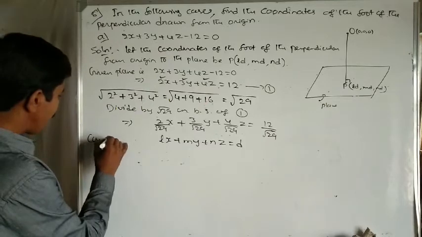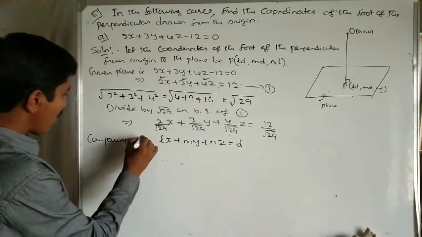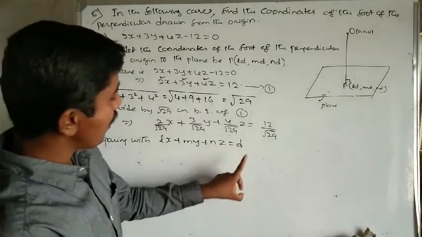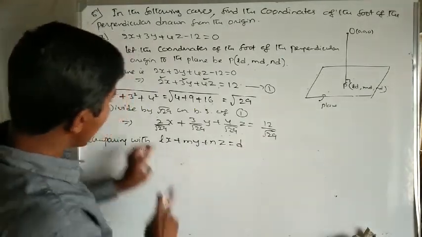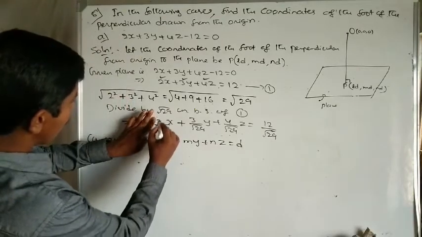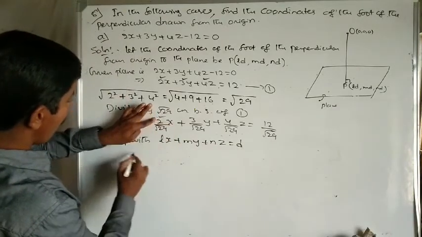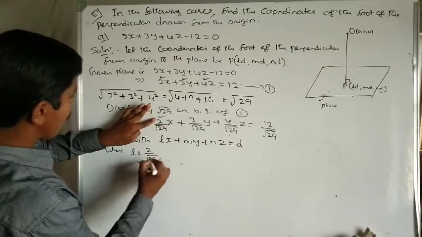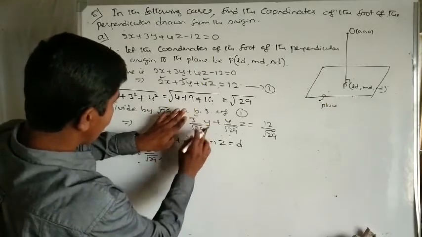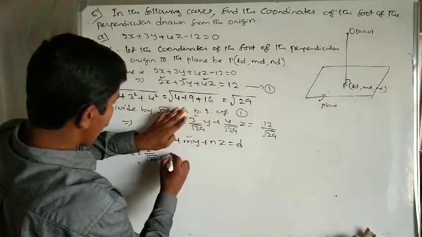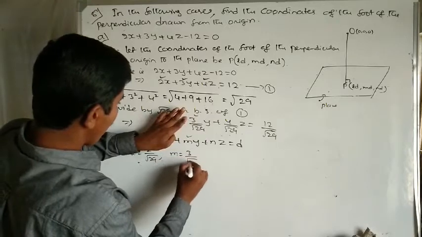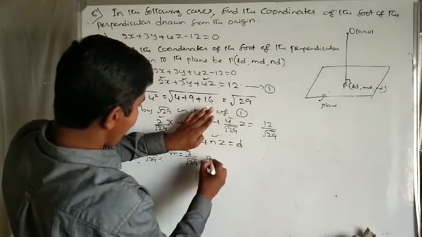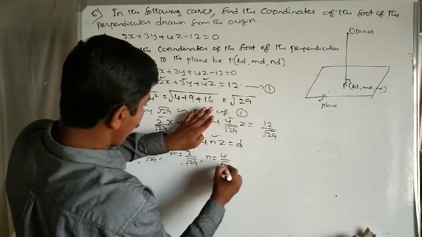Comparing with the Cartesian equation of the plane lx plus my plus nz is equal to D, this is the D value: 12 by root 29. The x coefficient l is equal to 2 by root 29. The y coefficient m is equal to 3 by root 29. The z coefficient n is equal to 4 by root 29.